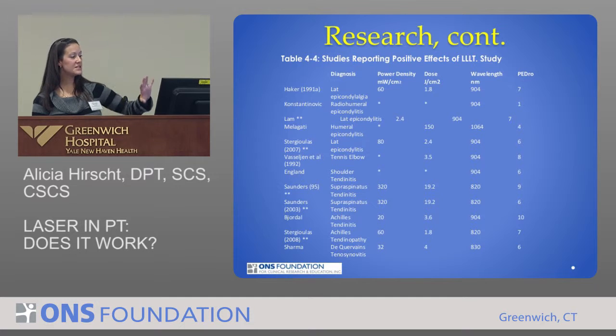So this is actually a table out of Tumilty's meta-analysis, his systematic review, listing all of the strong studies that show positive effects of low-level laser therapy. And most of the wavelengths of the low-level laser in these studies go anywhere from 650 to 1,000 nanometers. Okay, you can see that it's all done on shoulder, tennis elbow, Achilles tendinopathy, and these all show positive effects, again, in the use of laser plus therapy versus sham laser plus therapy.